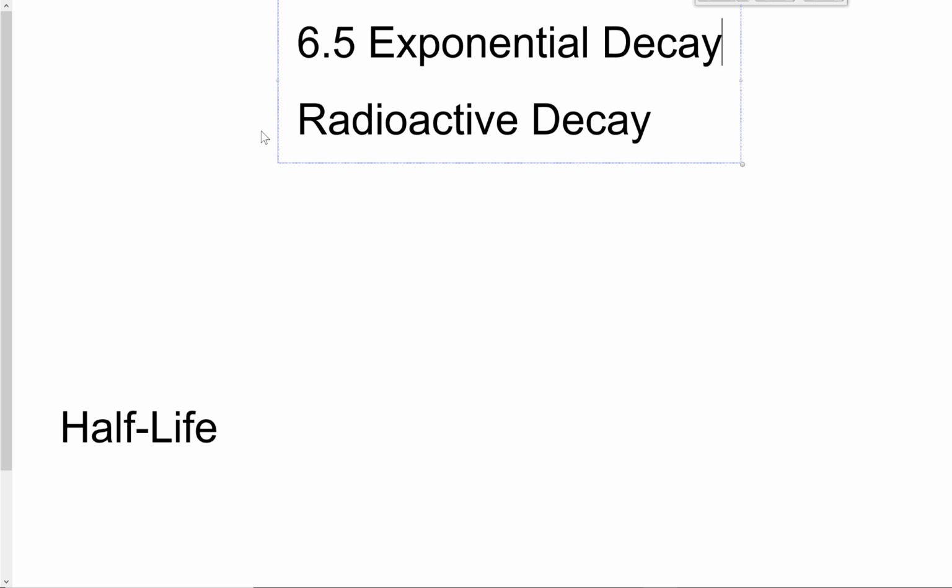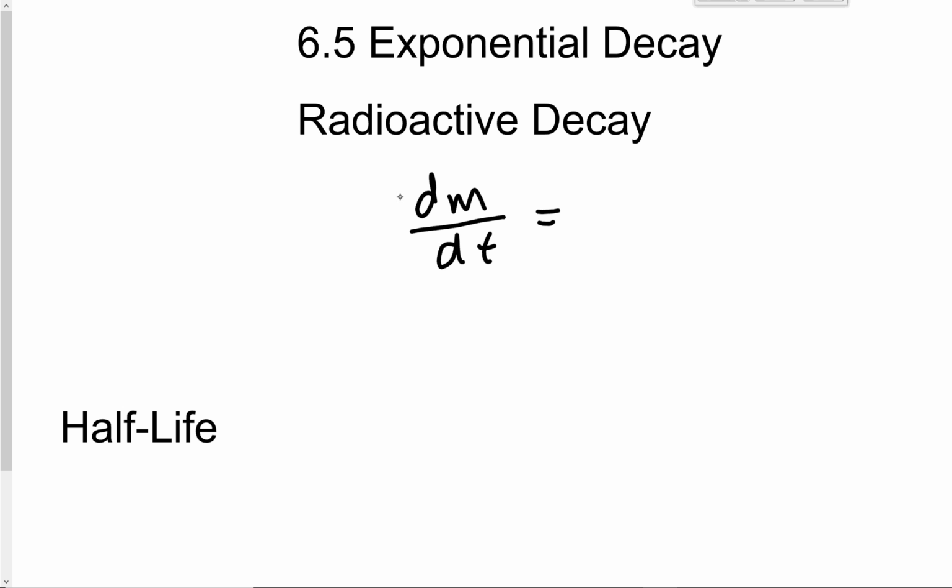So the mass that we start with is proportional to the rate of decrease over time. So you can write it like this. The rate at which the mass decreases over time is proportional to, so k times the original amount.